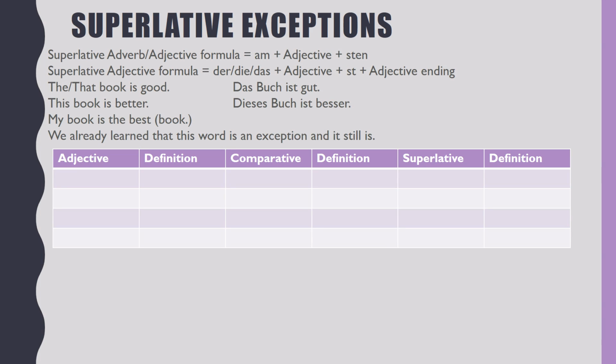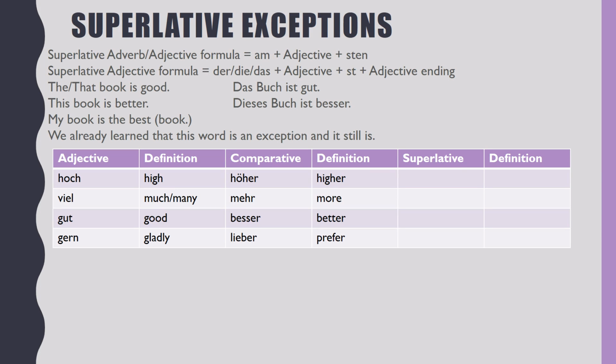We already learned that the word gut turns into besser and that it is an exception, and it still is. We have the exceptions below are hoch and höher, viel and mehr, gut and besser, gern and lieber.